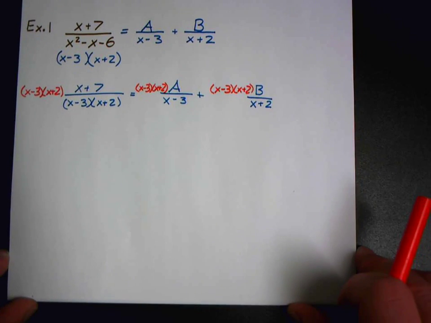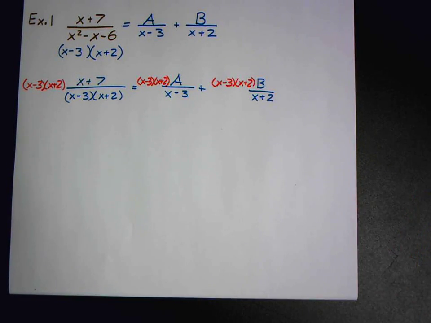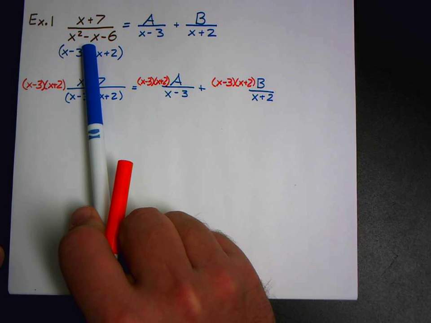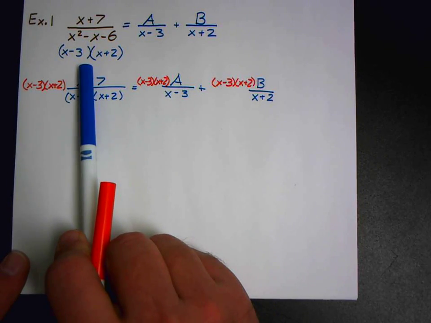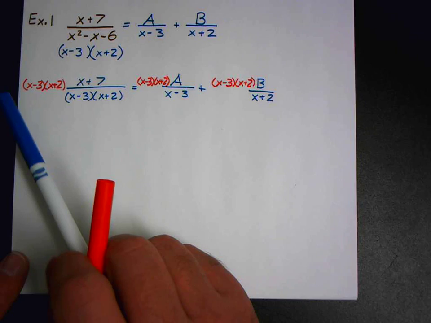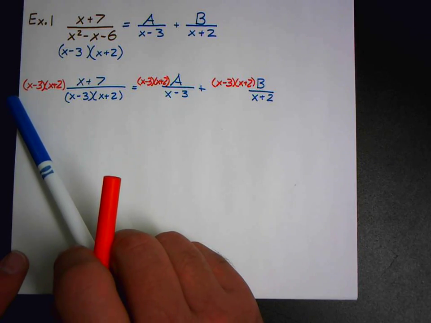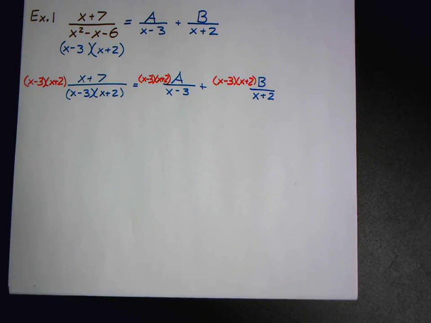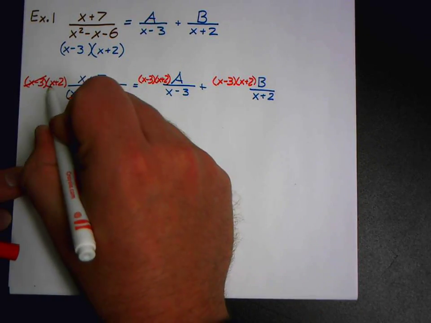Because these are the same steps on every single problem. So I multiplied everything by this denominator, but just in the factored form. Okay, and what's going to happen is over here, it totally cancels out.